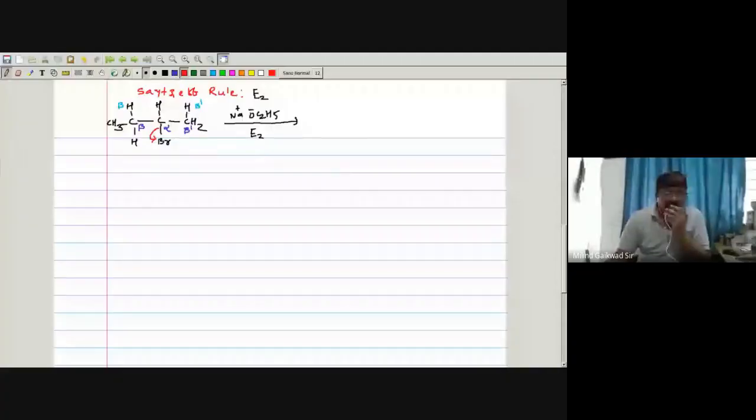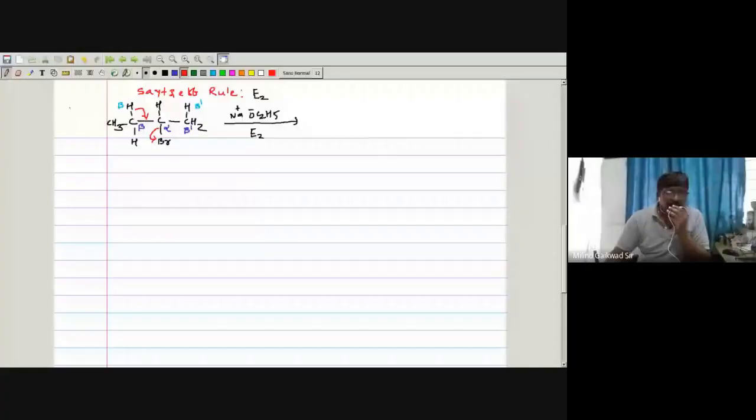So carbon having a positive charge, there is a generation of positive charge, so you have to neutralize this positive charge. This sigma bond will shift here, and the base abstracts this proton. Here you have a base, C2H5O minus. This base will abstract the proton, and there is formation of the corresponding ethyl alcohol.